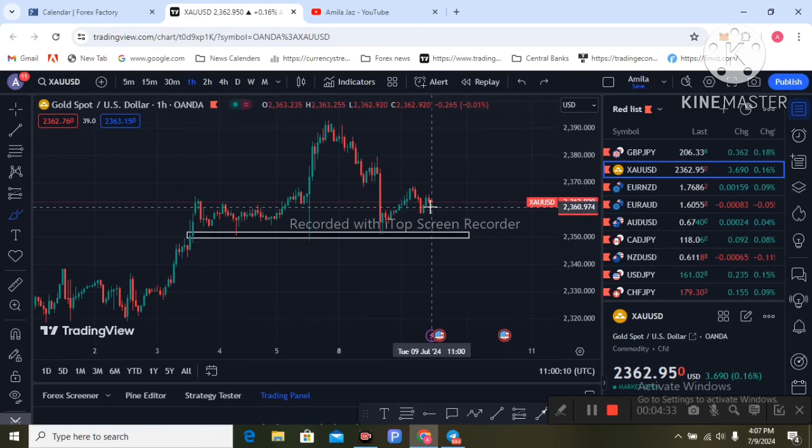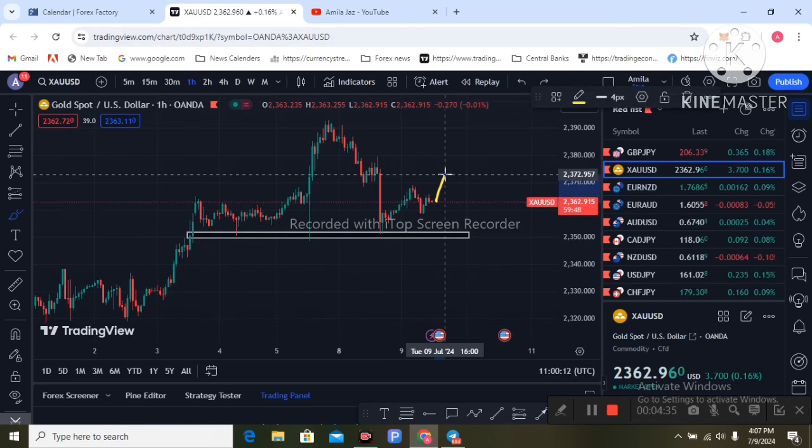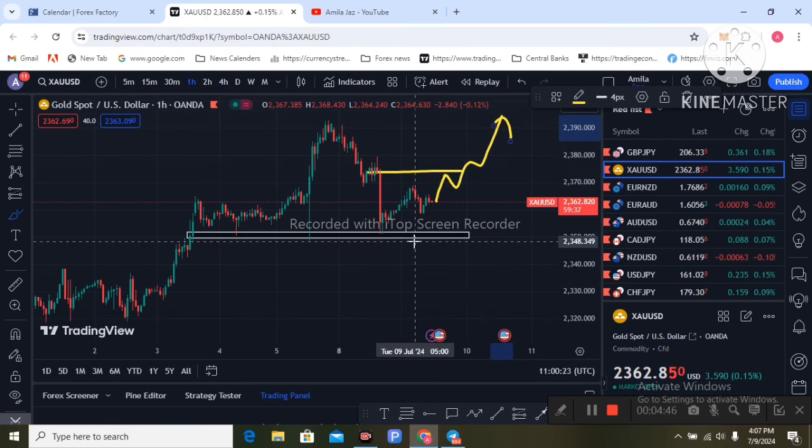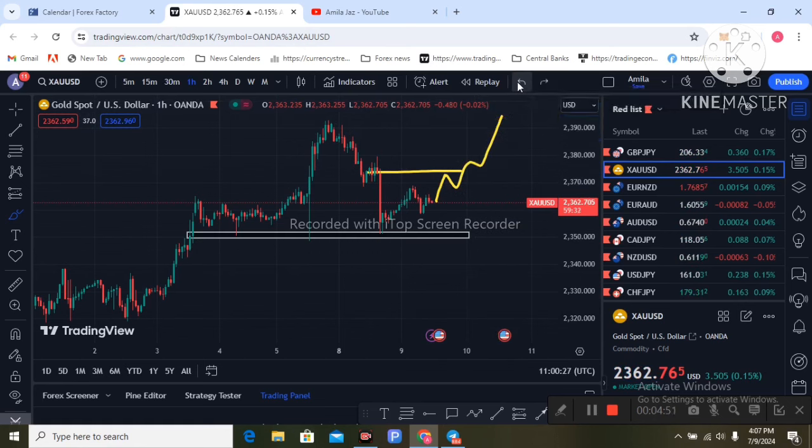So this is not a breakout, this is a trend line. You can see this is your sell area. So reaching this area, price can move like this without breaking out of this support line. That's your 1-hour chart opportunities.